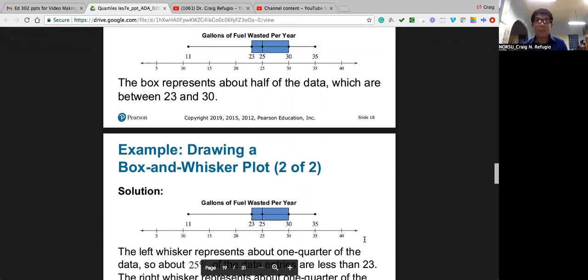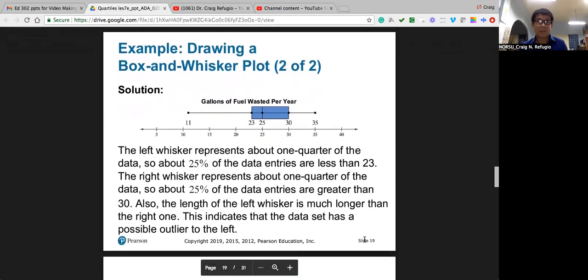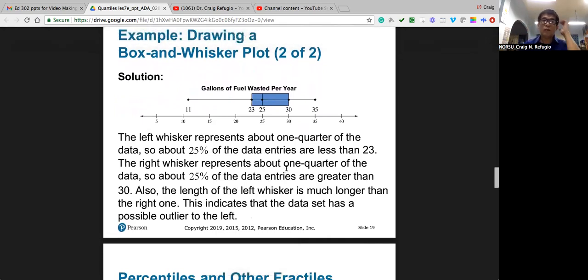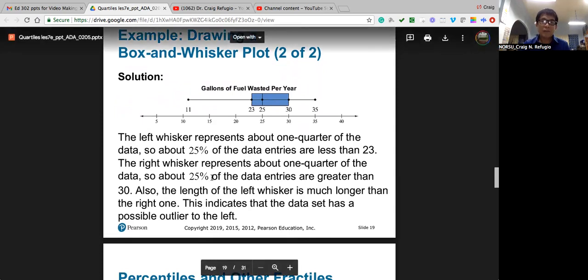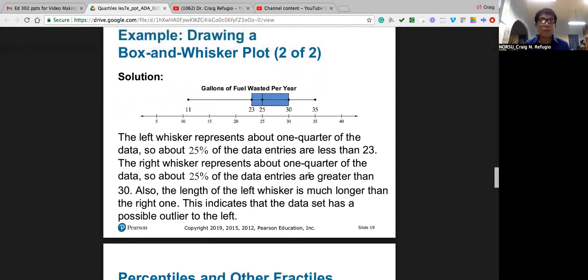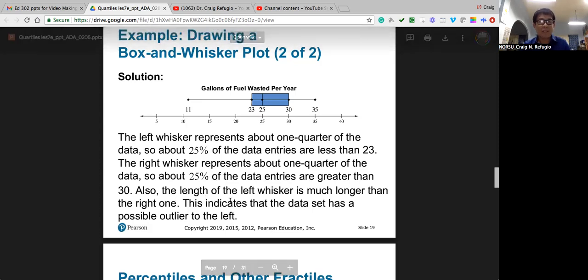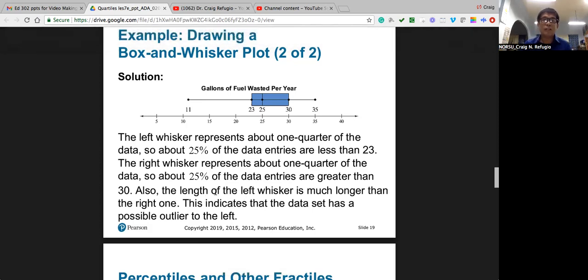That is actually convenient to your choice. So the left whisker represents about 1/4 of the data, so about 25% of the data entries are less than 23. The right whisker represents about 1/4 of the data, so about 25% of the data entries are greater than 30.